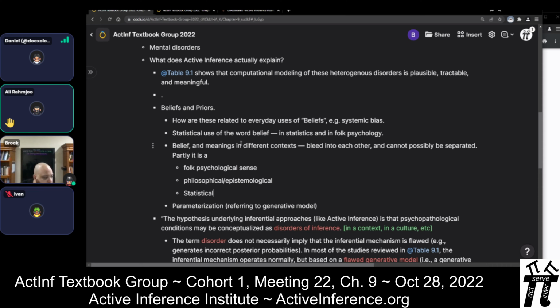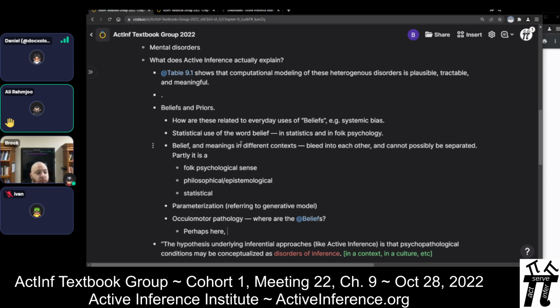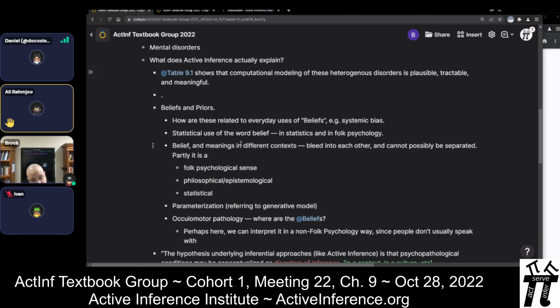So in the case of oculomotor pathology, the word belief can be interpreted in a more abstract, epistemological sense, but again, it also has some overlap with the folk psychological sense.